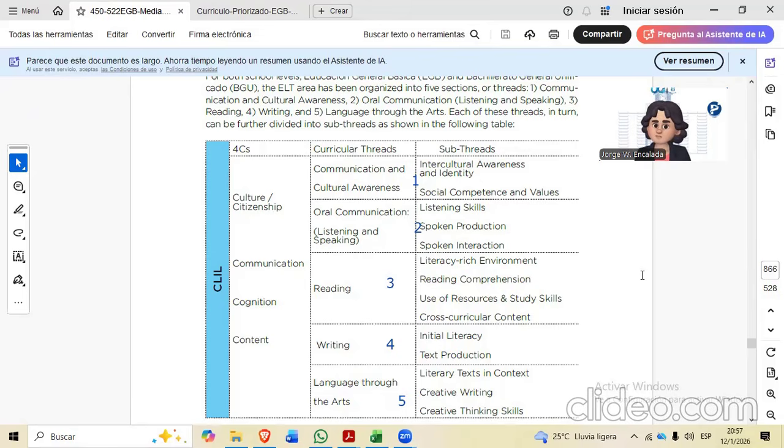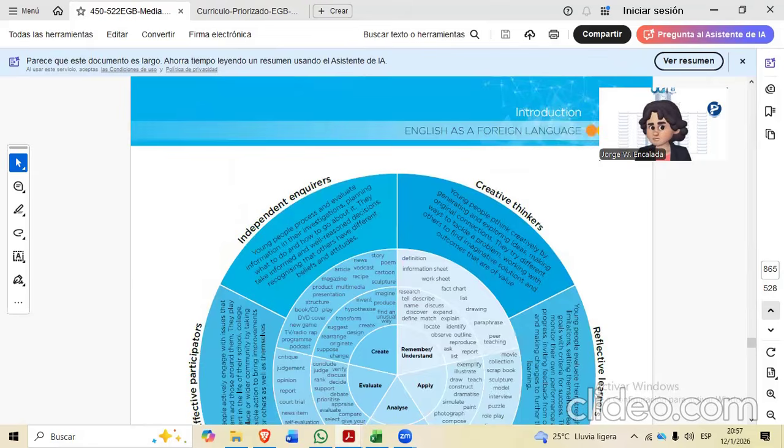The numbers are important, because as I mentioned in the objective of this video, you are going to learn how to navigate the document. And in order to learn how to navigate the document, you have to keep in mind the numbers, okay? The numbers of the curricular threads, as well as the numbers of the different levels.